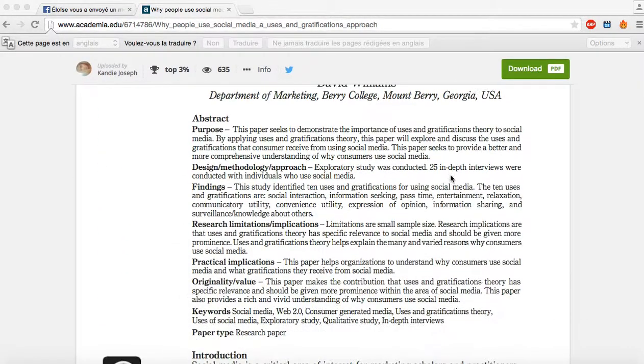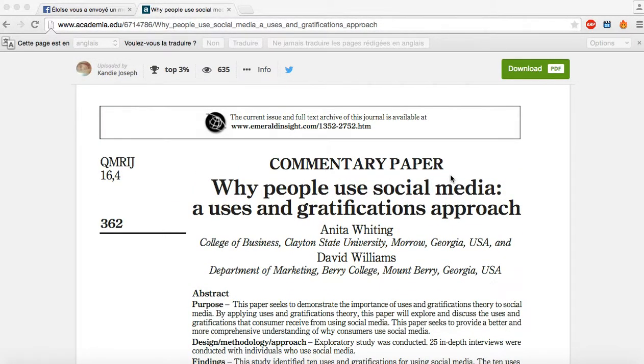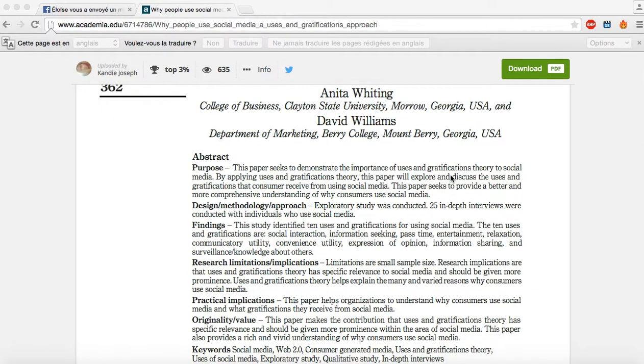This article introduces a study which was made with 25 people who were interviewed, and they were between 18 and 56 years old.